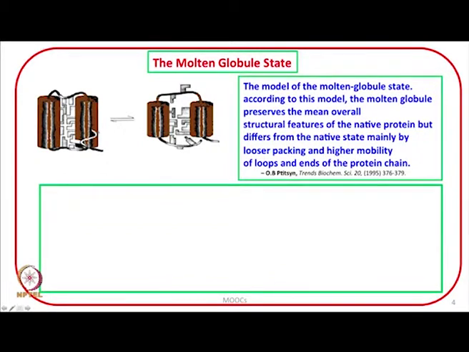So this is a relatively molten form of the native state. And that is what is commented over here. According to this model, the molten globule preserves the main overall structural features of the native protein, but differs from the native state mainly by looser packing and higher mobility of loops and ends of the protein chain.